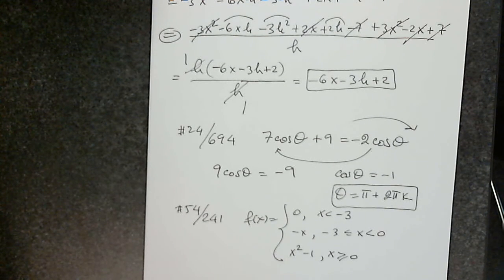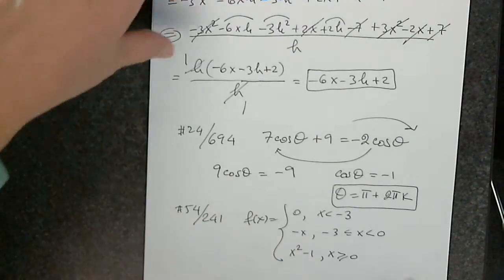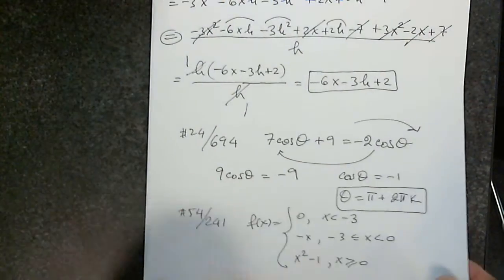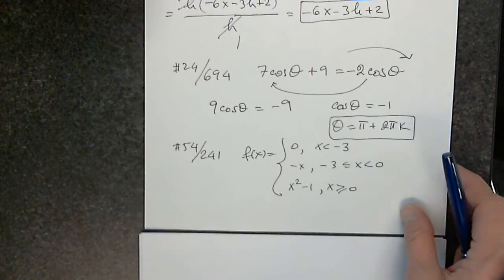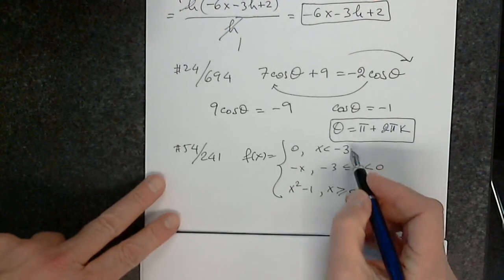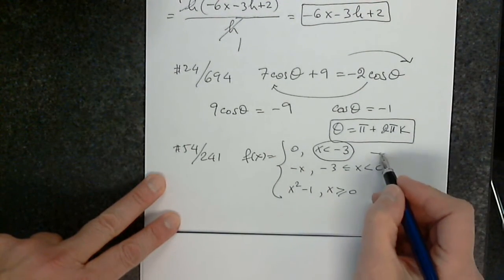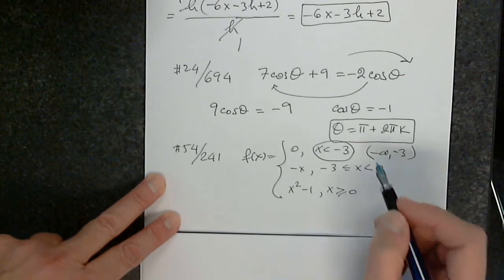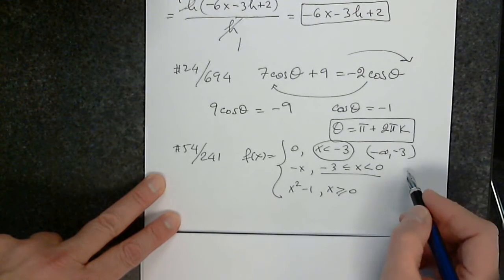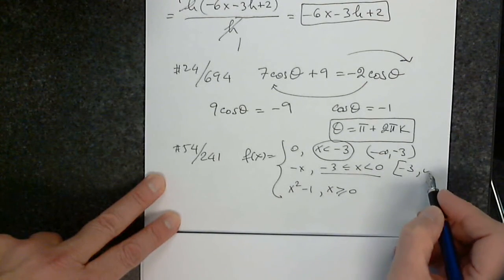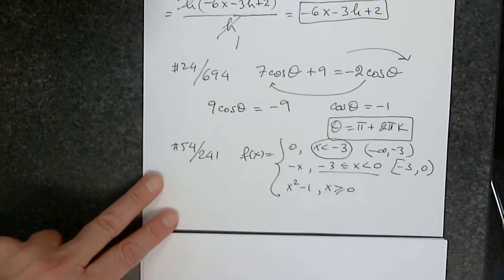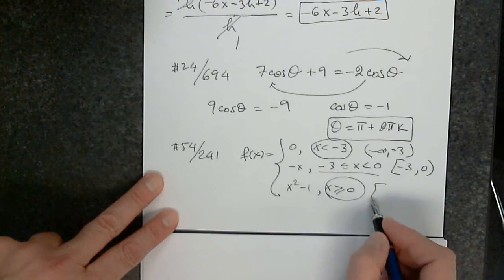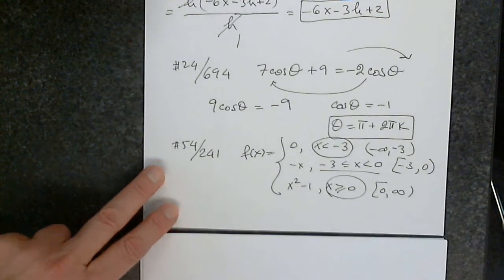Okay, what do I have to determine when I'm asked, first, to graph a function? Very good. So I have to look at this, and I will say negative infinity to negative 3. I will look at this, and I'll say negative 3 with a bracket, comma, 0 with a parenthesis. And when I look at this, I see 0 bracket to infinity.